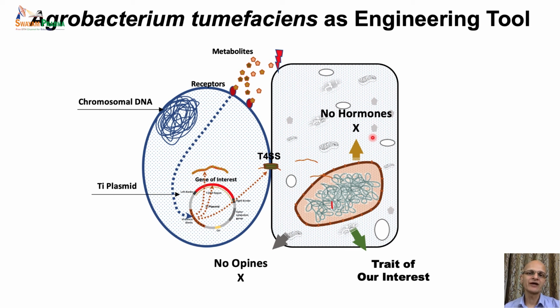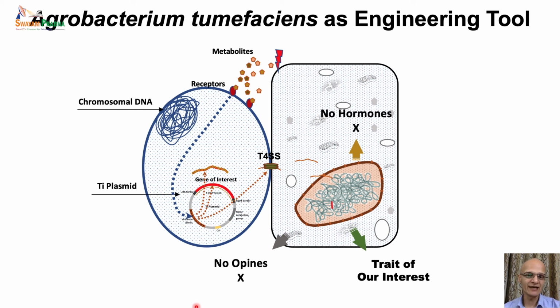In this way, the Agrobacterium infection process can be used to transfer the DNA segments of our interest to the plant genome. Agrobacterium developed this whole process of transformation for its own growth and survival. However, by disarming the Ti plasmid, we are using it for plant genetic engineering.